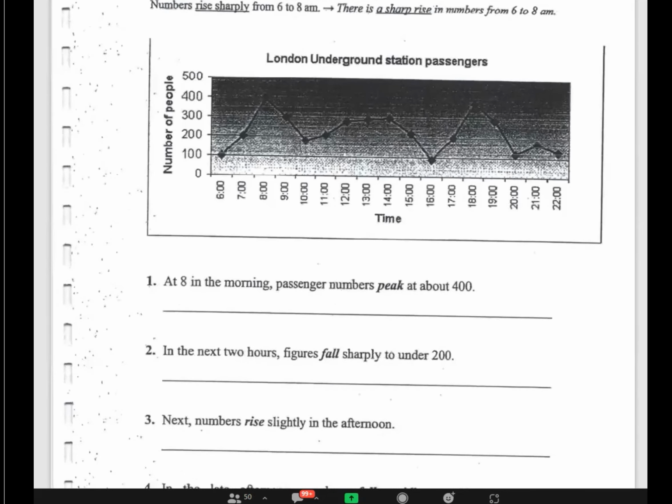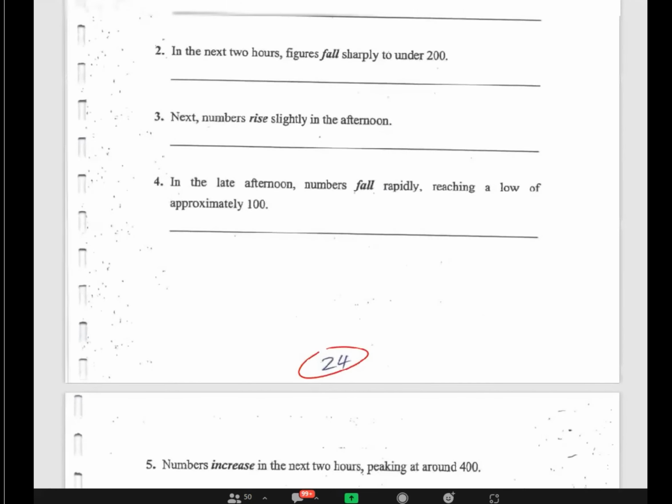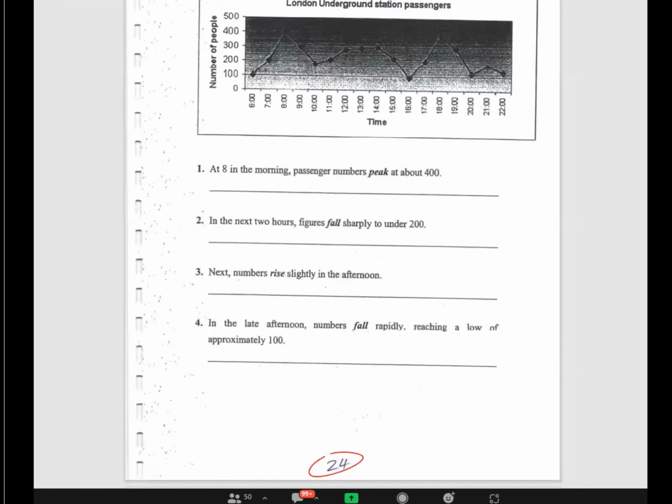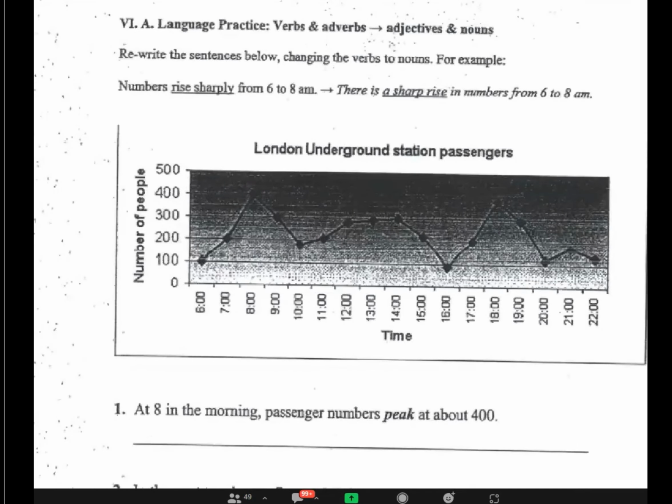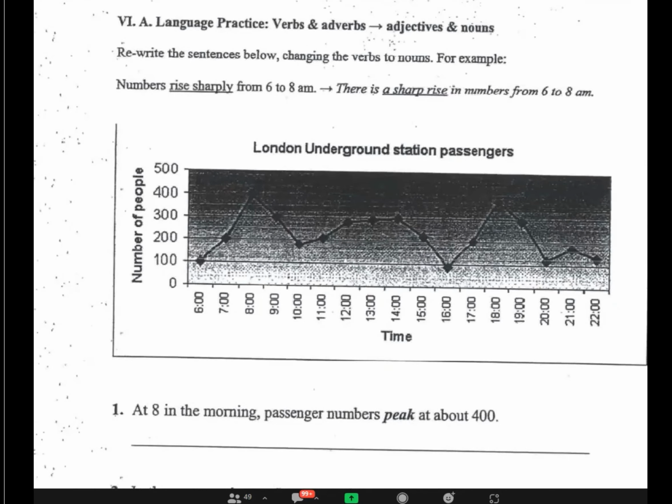This one. Page 24. Go to page 24. Okay. We are going to see how to change the form of the words. There is an example here. Numbers rise sharply from 6 to 8. There is a sharp rise in numbers from 6 to 8.